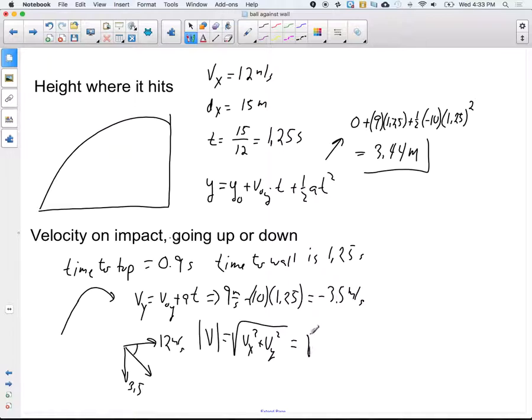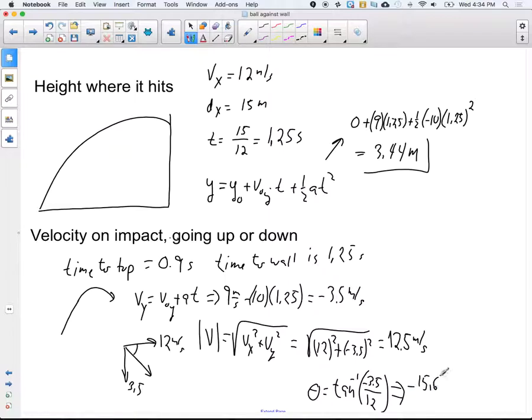If I plug numbers in, that's 12 squared plus minus 3.5 quantity squared, and that gives me 12.5 meters per second. Then the angle is just the arctangent of the y value, 3.5, over the x value, 12. Remember, that's minus 3.5. If I do that out, I come up with an angle of minus 15.6 degrees.